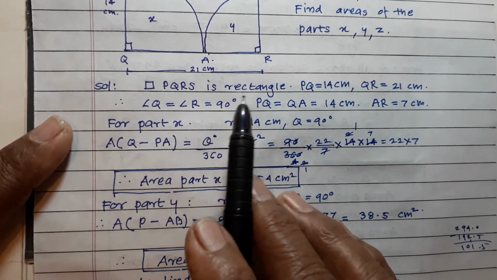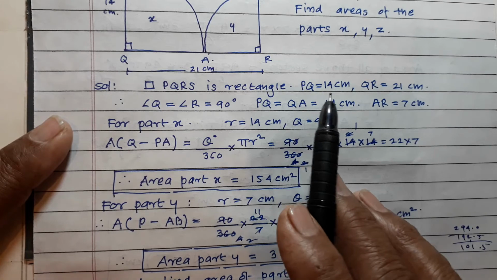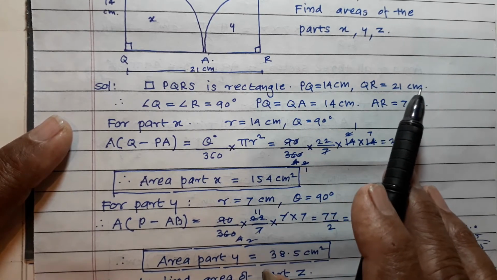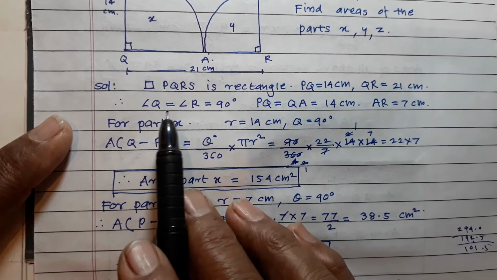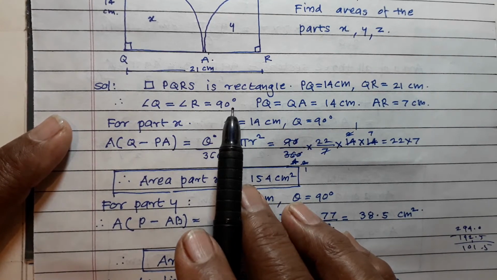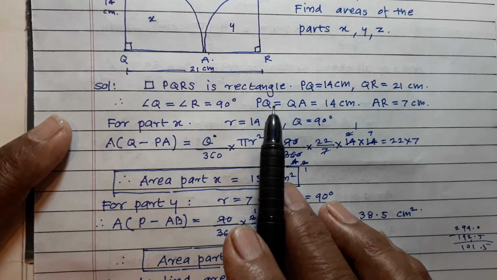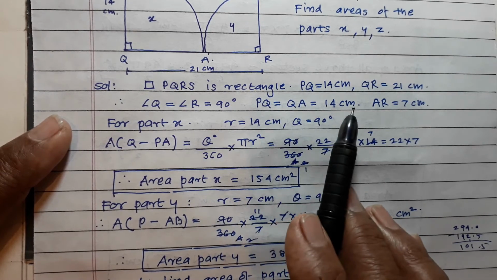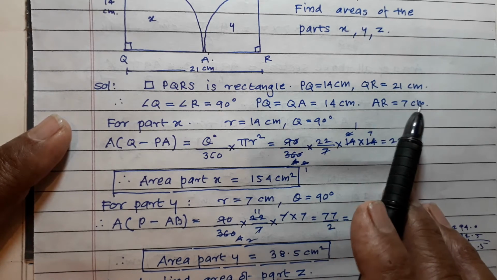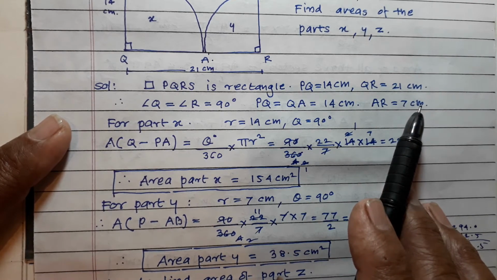Quadrilateral PQRS is a rectangle. PQ is equal to 14 centimeter, QR is equal to 21 centimeter. Angle Q is equal to angle R is equal to 90 degrees. PQ is equal to QA is equal to 14 centimeter, and therefore AR is equal to 7 centimeter.